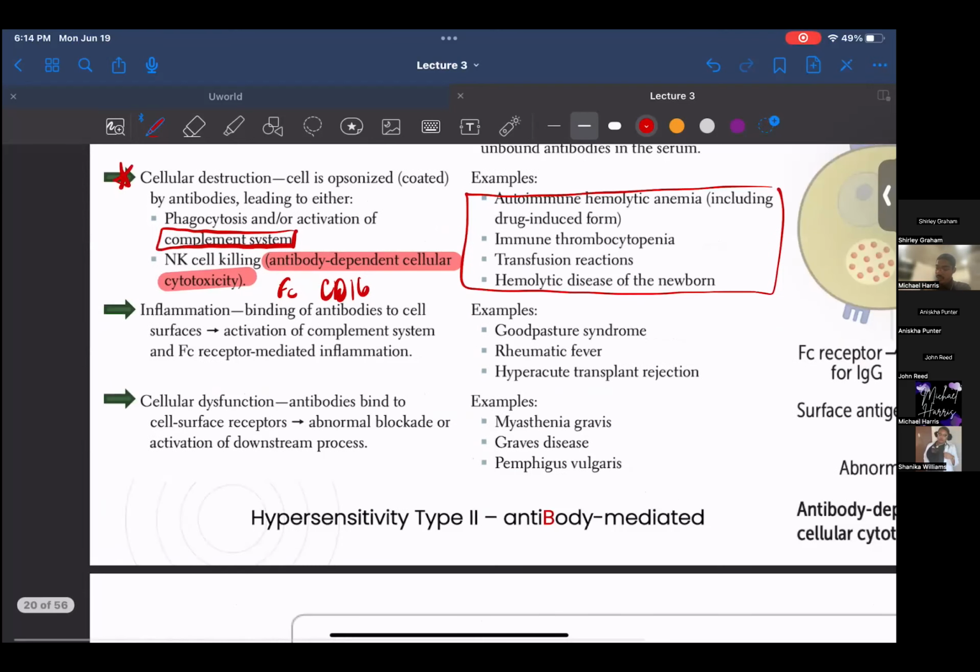Now, the next one is just general inflammation, because the other guy that gets activated here that I said was neutrophils. And if you remember, neutrophils and macrophages produce those inflammatory markers at the very beginning: IL-1, IL-6, IL-8, IL-12, TNF alpha.